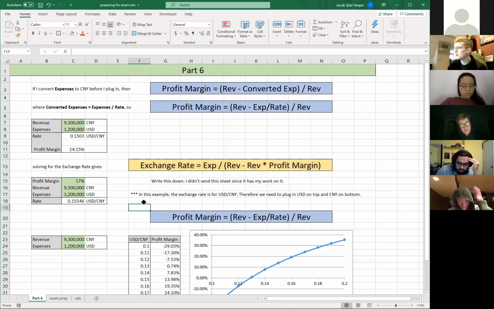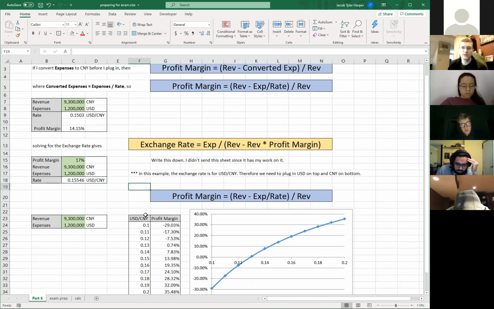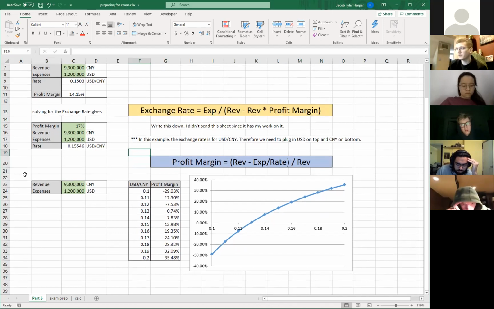Now, the last new question was having us create a graph, which looks like this. The workbook isn't worded as well as it could be. We are continuing to use the exact same revenue and expenses from the first 2 questions, but we are using a list of 10 or so different exchange rates. So we are no longer using that 0.1503 from question 1.